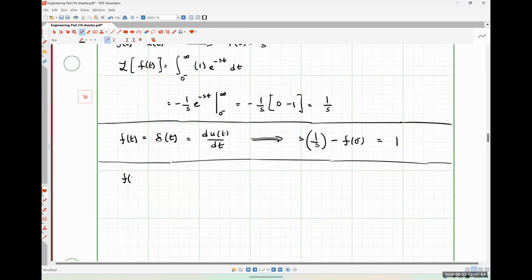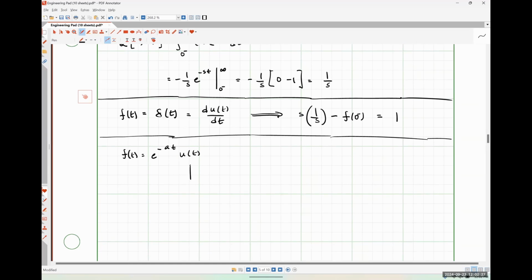Let's say that we have f of t is equal to e to the negative at. I don't know why I keep using alpha, just used to it, I guess, from other things. E to the negative at u of t, right? So let's look at the frequency shifting property of the Laplace transform. I could say that this guy right here is just some generic function g of t.